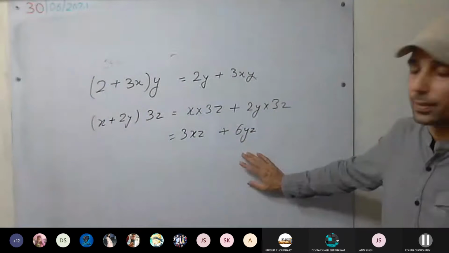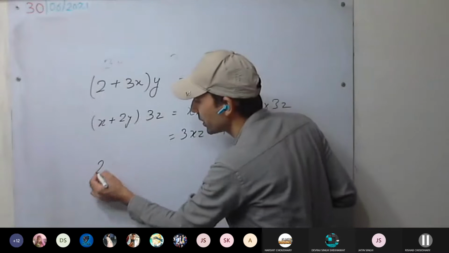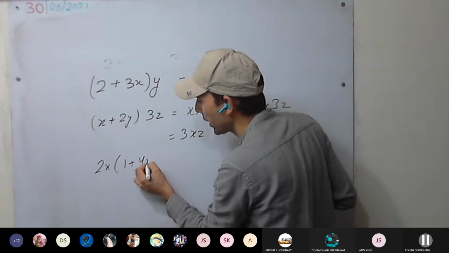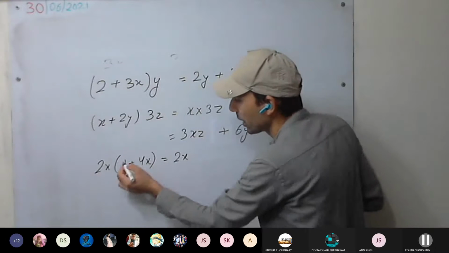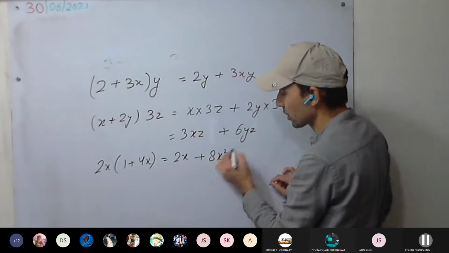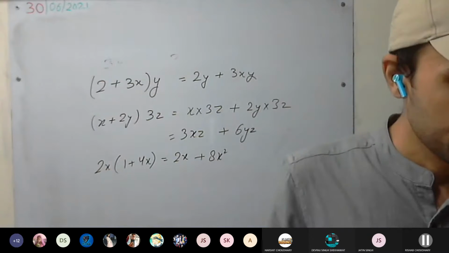Understood this one, everyone? Any doubt? Or if it is 2x into 1 plus 4x, so 2x into 1, 2x, plus 2x into 4x, 8x square. Anyone have any doubt?